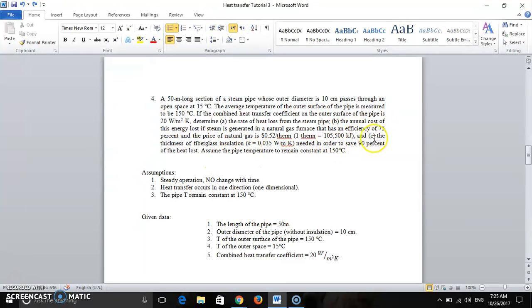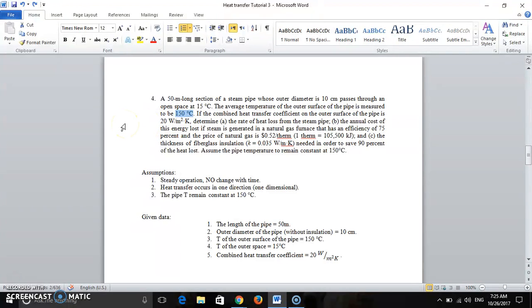So if we move on to the third and last part of the question, it needs us to calculate the thickness, because I already said that the outer surface temperature of the pipe is 150 degrees Celsius, which is very high. Maybe we are talking about a chemical plant.